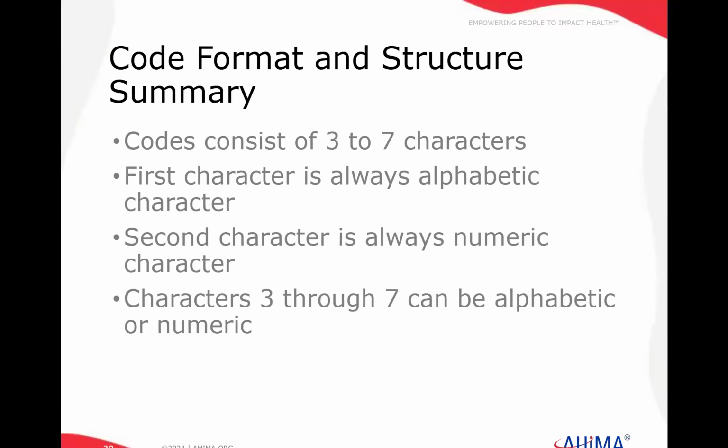And again, as mentioned before, the code characters are at least 3, no more than 7 characters. The first character must always be a letter, alphabetic. The second character is always numeric. And characters 3 through 7 can be either alphabetical or numeric.